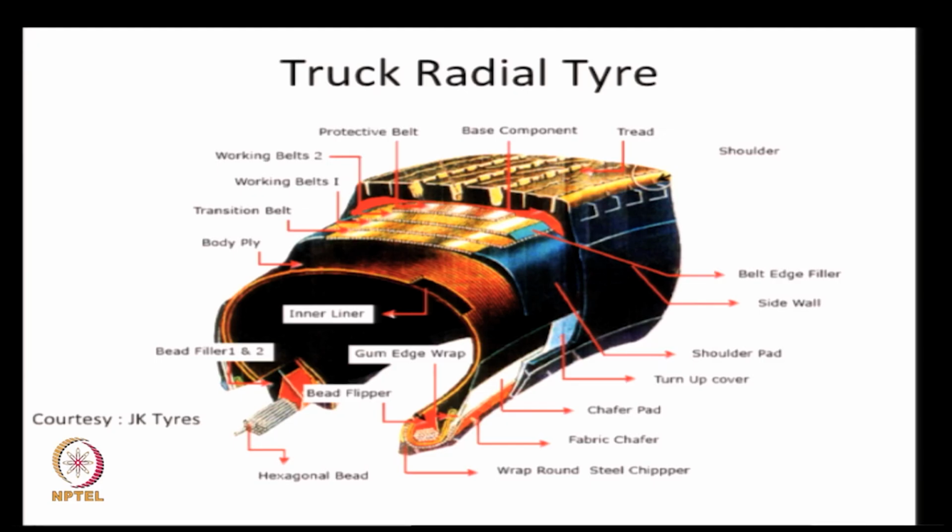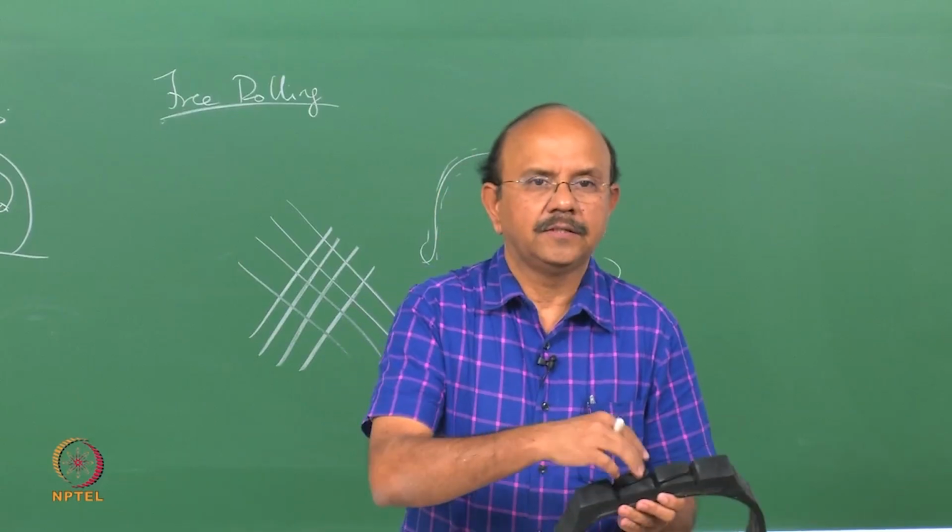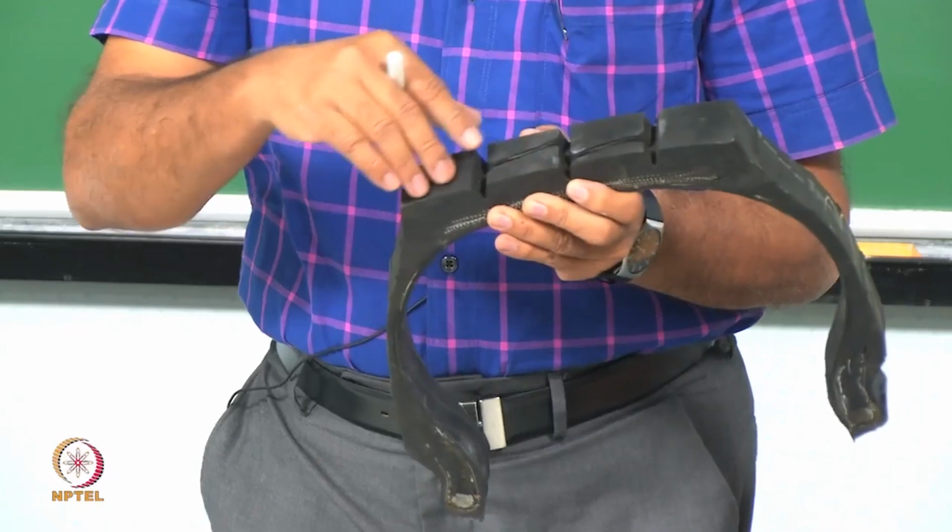Then on top of it there are some layers again of rubber, and then ultimately you have the tread, about which we were talking. So this is the tread. We will see that in a 3-dimensional picture.